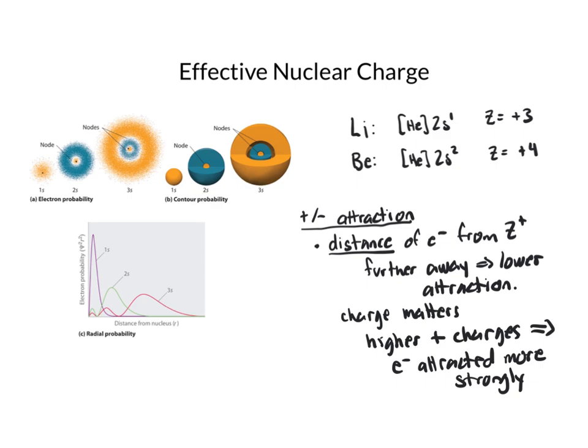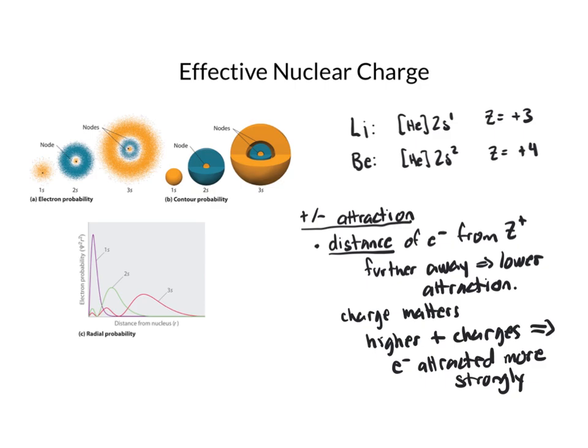So we would expect that the electrons in beryllium would be more strongly attracted to the positive charge in the nucleus and therefore would be closer in to the nucleus because they're pulled in more tightly, and so they're closer into the nucleus than compared to the lithium, which are only pulled in by a +3 charge. So that's the first thing to think about, is that the higher the charge, the more strongly the electrons are attracted, so the closer into the nucleus they're going to be.